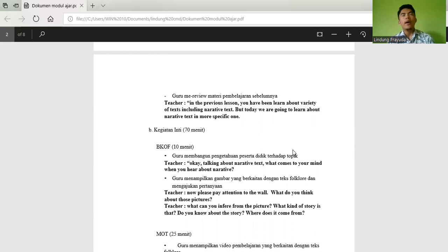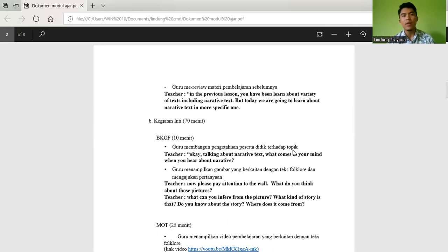At senior high school, one meeting uses 45 minutes, and it means for two learning times, we use 90 minutes. And for the main activities, I use 70 minutes.